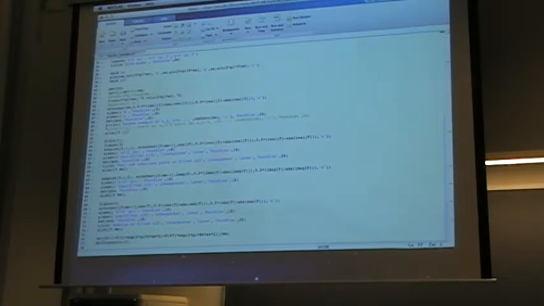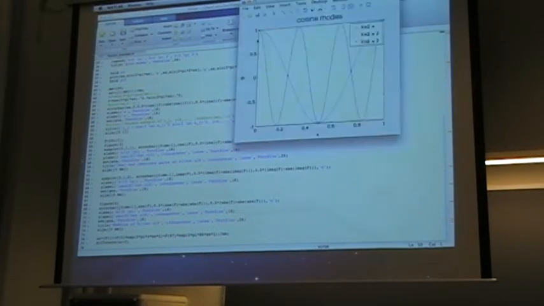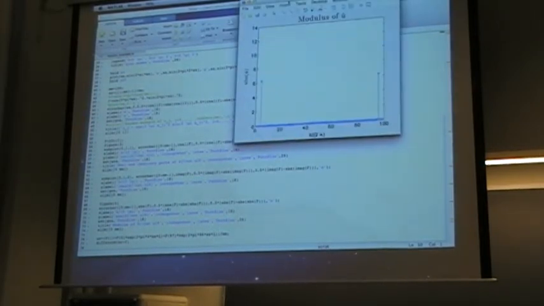Let's try that one now. So now the numbers are changed. Instead of random numbers, we have numbers that have a certain pattern.